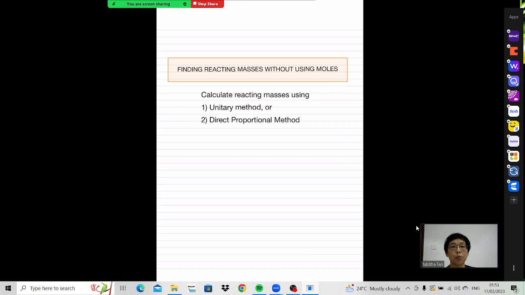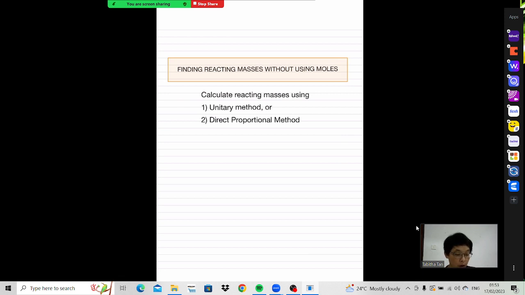That is the simple idea about method 1, unitary, meaning finding one unit, how much it brings along. And the second method is just using a simple direct proportion. That means we compare the ratio of 2 items in direct proportion.